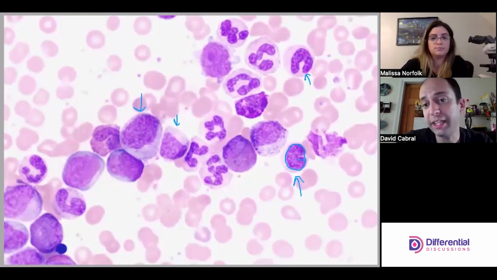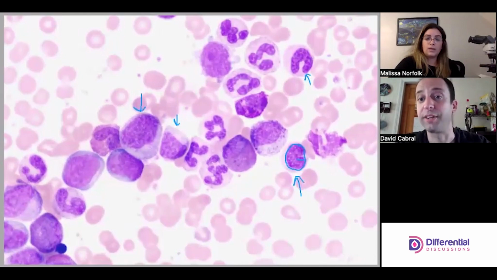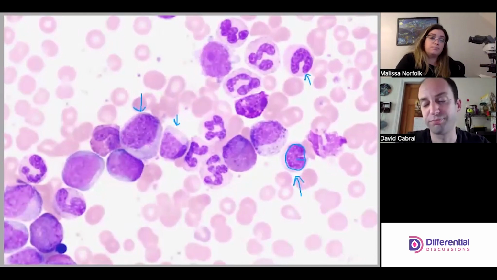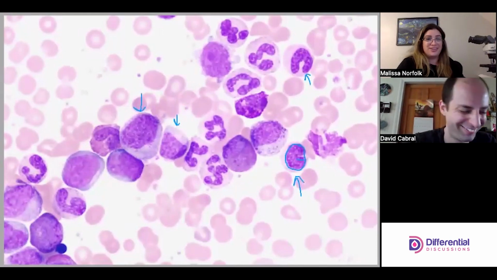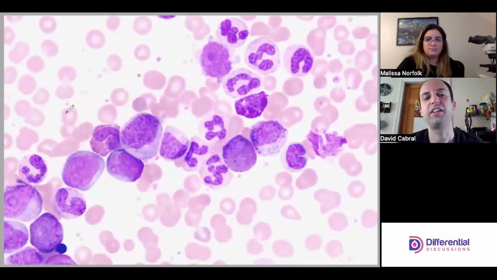I think you're going to see a lot of movement on this in the coming decade or so, where we finally make decisions about whether we should still be trying to split the hairs, so to speak. A lot of institutions don't call bands; you just lump them into neutrophils. I think there can be a lot of clinical value in determining that there's a left shift, to get early treatment to people that have infections.